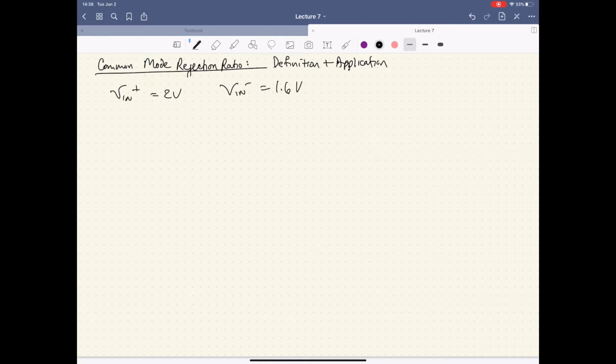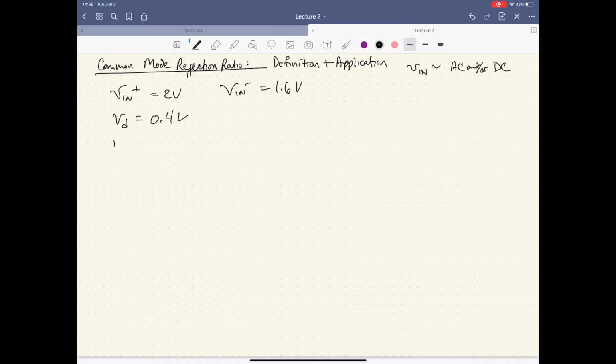And just as a note, in case I didn't mention it earlier, for our notation, we have little v, big In, because this is AC and or DC that we're dealing with here. So just a heads up. And our VD, we know what this is. This is just the difference between the two, right? So this is 0.4 volts.